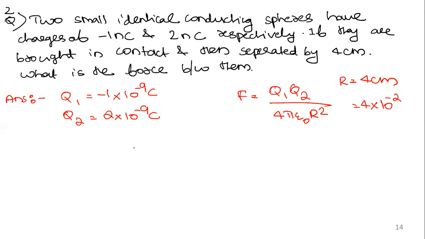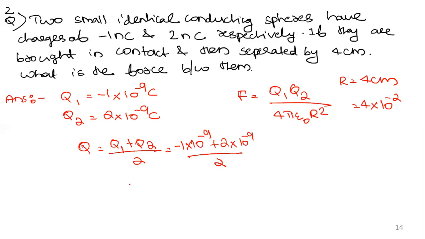Positive charge or negative charge? 0.5. It will be 0.5. So the charge will be Q is equal to (Q1 plus Q2) by 2. Very good. So it is equal to (minus 1 into 10 raised to minus 9 plus 2 into 10 raised to minus 9) by 2. So it will be 0.5 nanocoulomb.